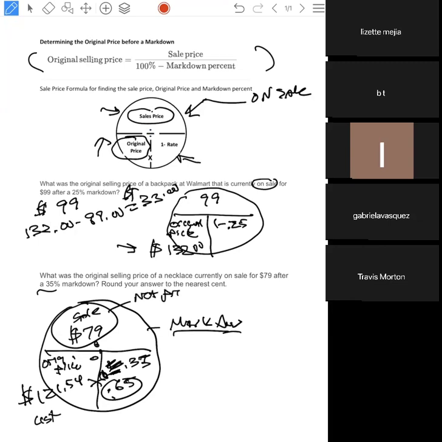It's the same formula that we looked at before, just using different terminology. So when you're doing markdowns and they're looking for your original selling price, this is the way you would do it. If they're looking for the sale price, you would just do it the opposite direction: take the original price, multiply it by 1 minus the rate, which would be 0.65. That would give you your sale price or your net price. All right.